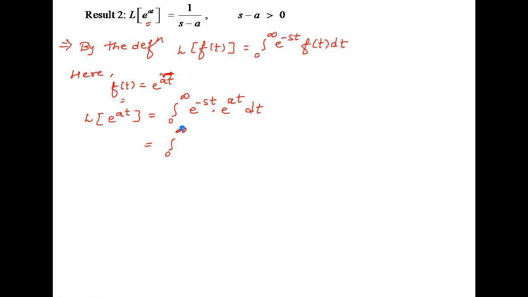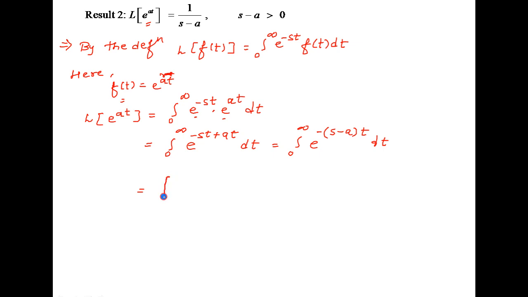Now the base is the same, so we can add the powers. We can write here integration 0 to infinity e to the power minus st plus at dt. Taking the common terms, minus sign common, here it is s minus a and t also common, integration with respect to t. That is equal to, again by the standard result, integration of e to the power ax is e to the power ax upon a.